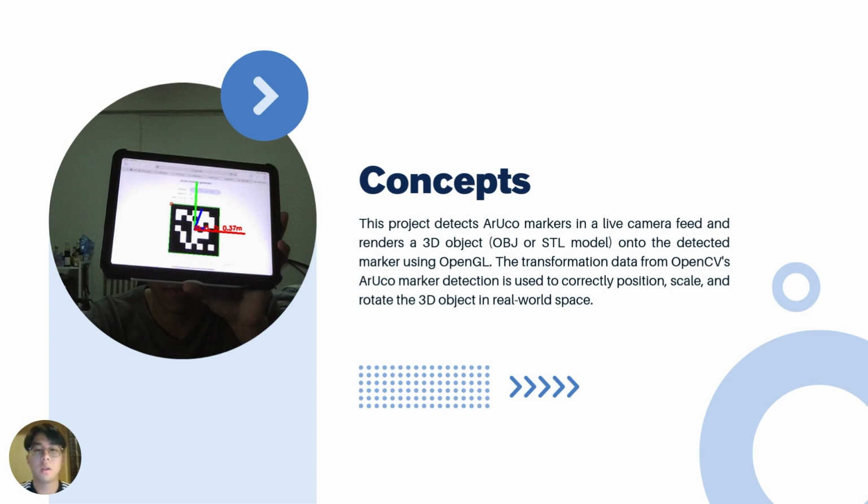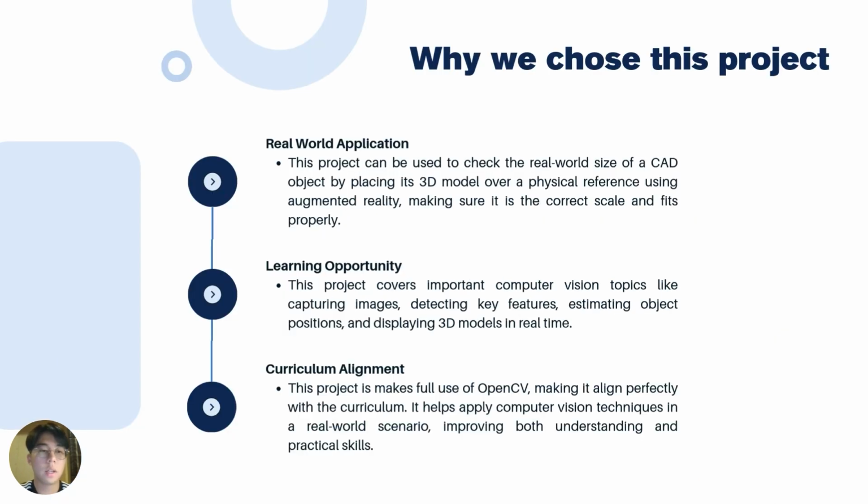Okay, so we move on to the next topic, which is why we chose this project. The first thing is the real world application. This project allows us to verify the real world dimensions of CAD objects by overlaying the 3D model onto a physical reference using augmented reality, by placing the virtual model on the ArUco marker.